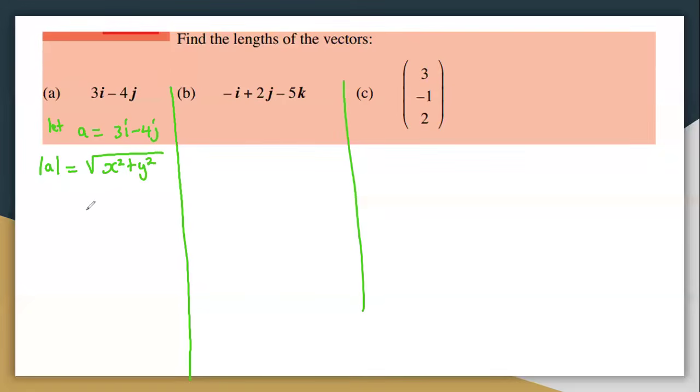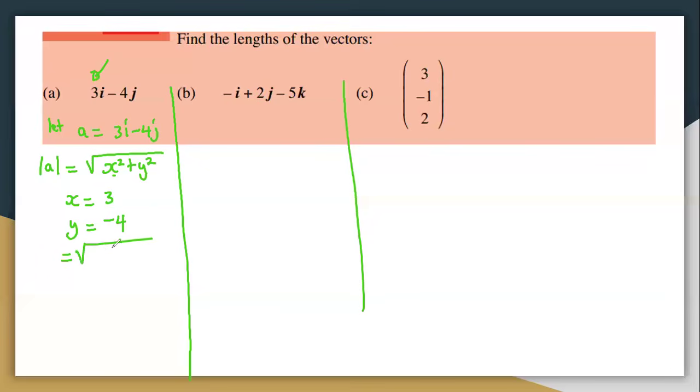When you look here, what represents your x? 3. What is representing your y? Negative 4. So you substitute here.